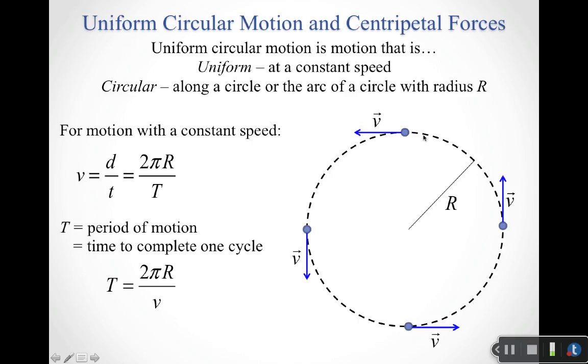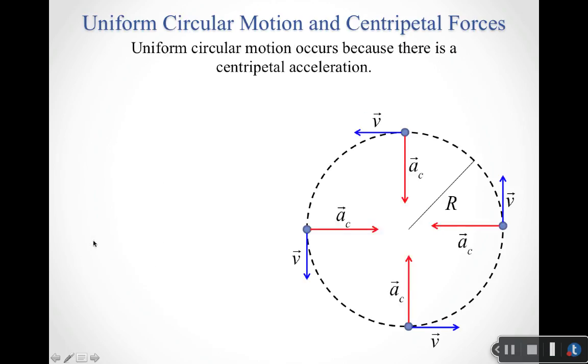So if we were to start our clock when our object is here, the period is how long it takes for the object to go all the way around the circle and end up right back where it started. You notice we can rearrange this equation and say the period is given by the distance it travels divided by the speed it's going at. So here's 2 pi r to go around the circle, and then here's the speed that it's traveling around the circle.